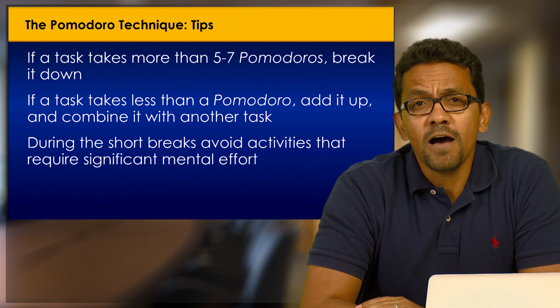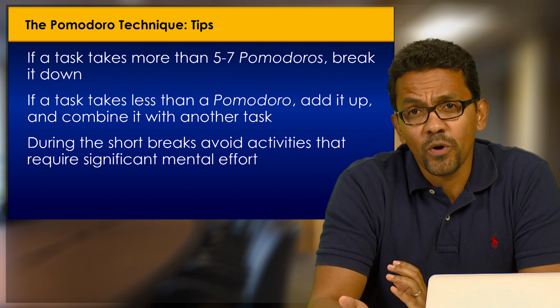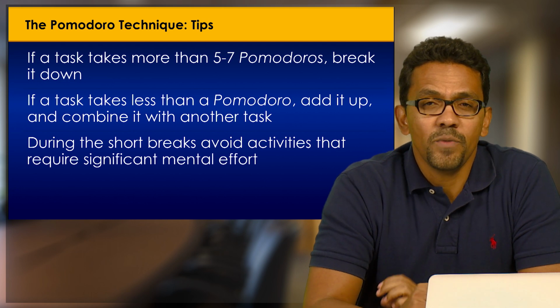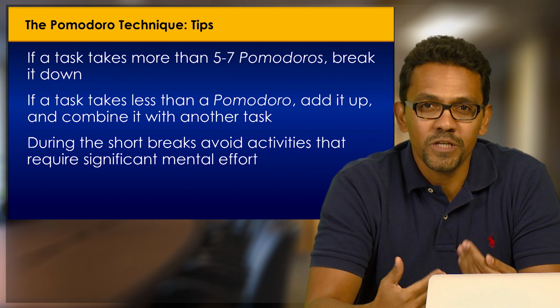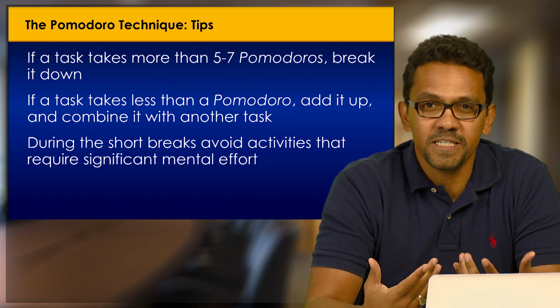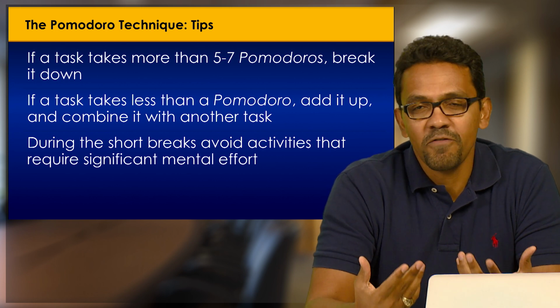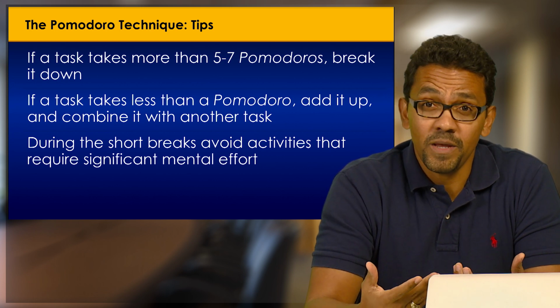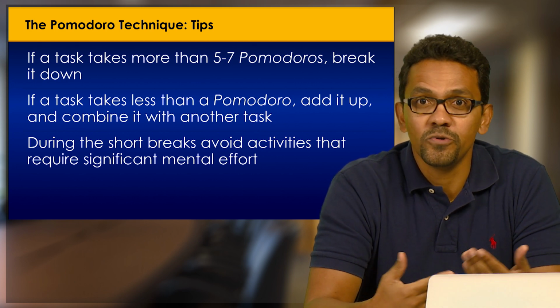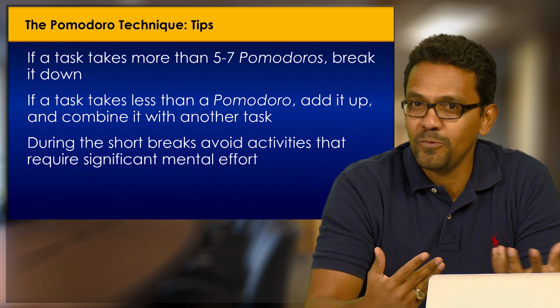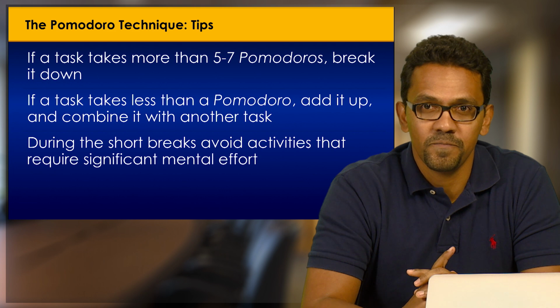And when you're taking those short breaks, make sure you're not using that time for activities that will take significant mental effort, because that means that for the next Pomodoro, you may still be thinking about whatever you were working on during the break.